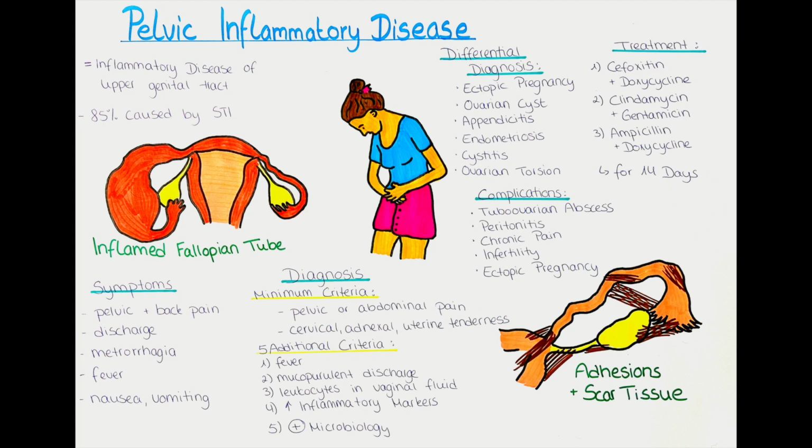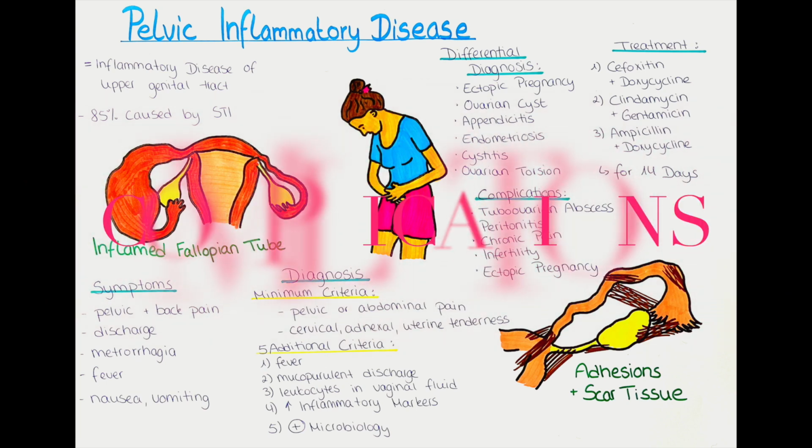In case of symptoms that can indicate a PID, we should also suspect an ectopic pregnancy, complications of an ovarian cyst, an appendicitis, irritable bowel syndrome, endometriosis, cystitis, ovarian torsion, or a pyelonephritis.